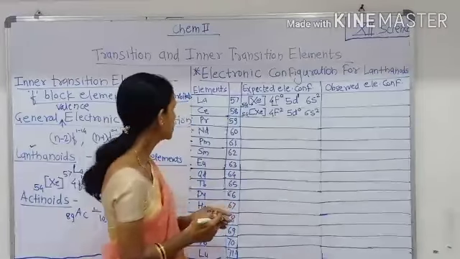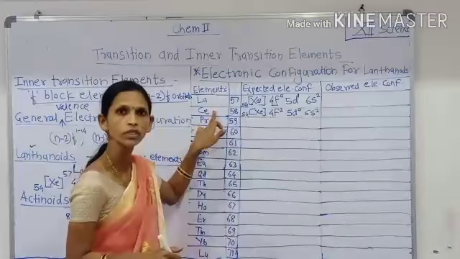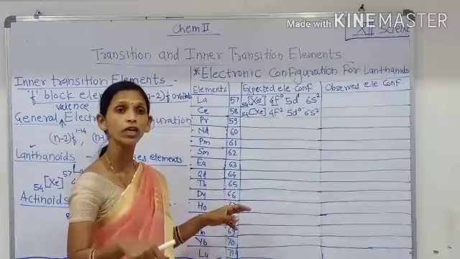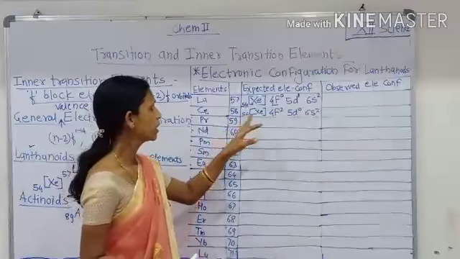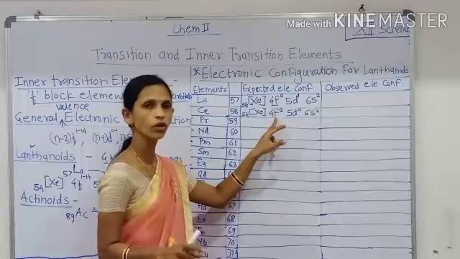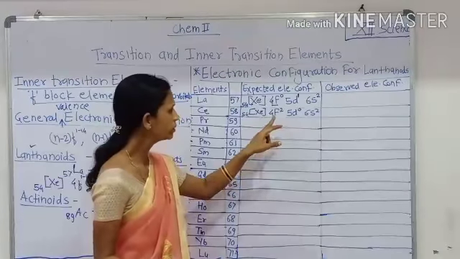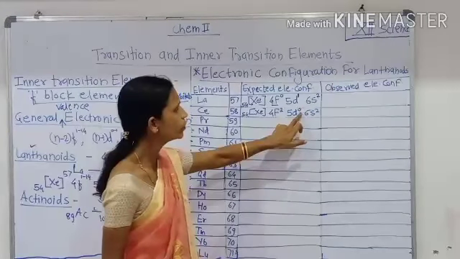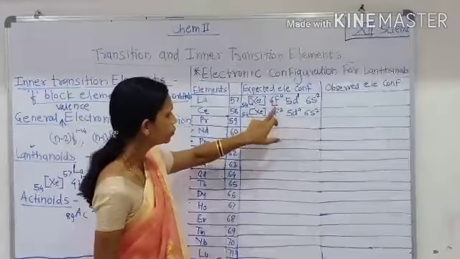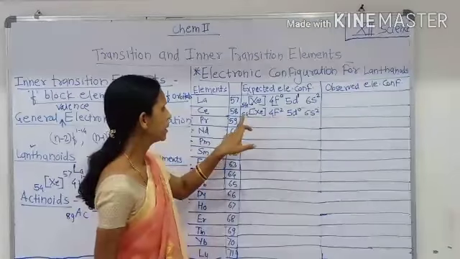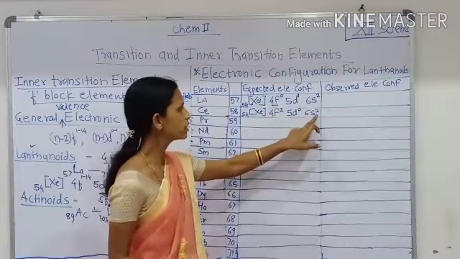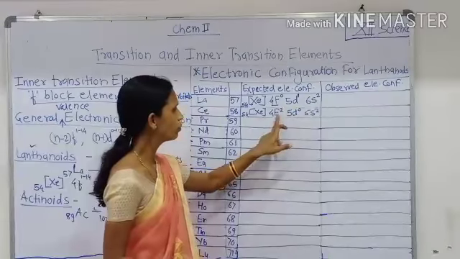That means from cerium to lutetium, these are the f block elements in which (n-2)f orbitals are gradually filled up. Therefore electrons do not enter into the 5d orbital, they enter into the 4f orbital. So the electronic configuration for cerium is 6s2, 5d0, 4f2.